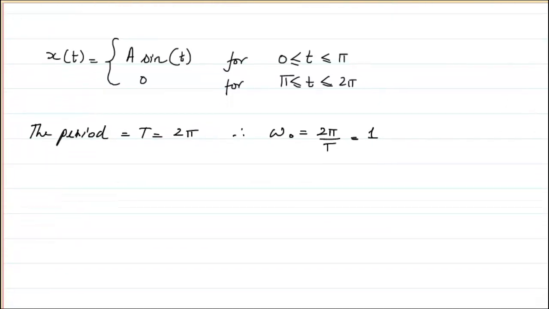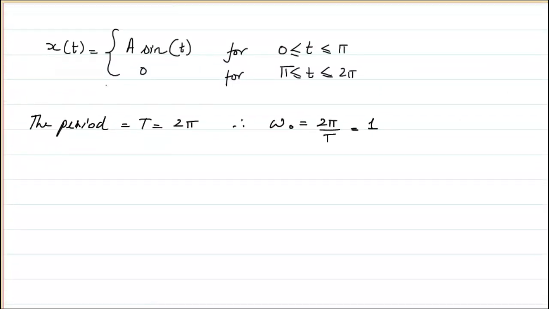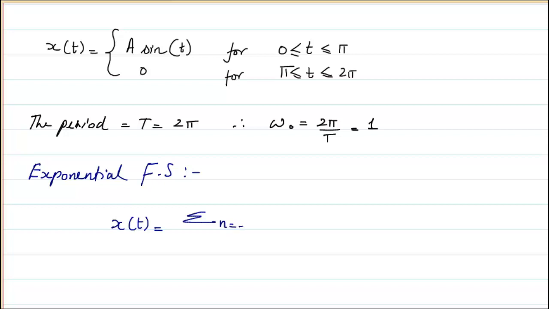Now let me write the equation that I am interested in. The exponential Fourier series is given by which equation? The equation is x of t is equal to the summation from n equal to minus infinity to plus infinity of Cn e raised to power jn omega naught t, correct?